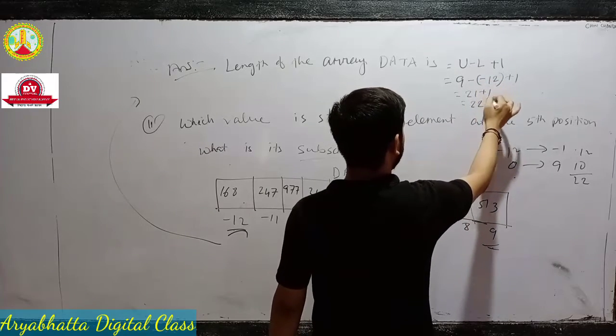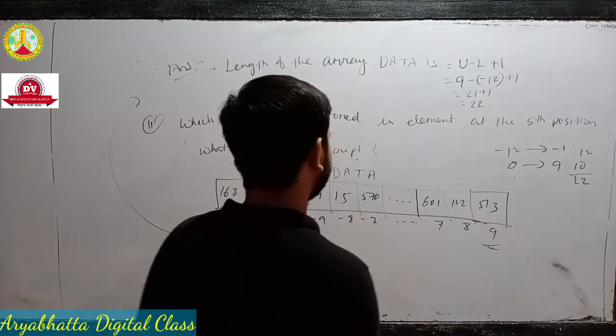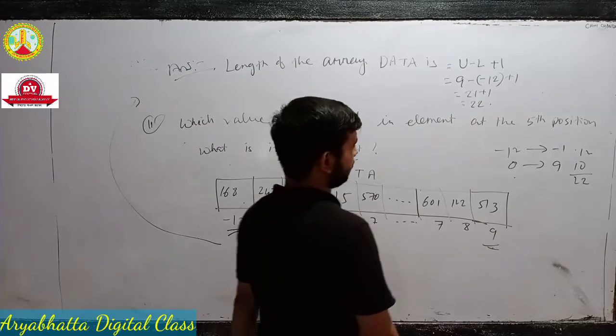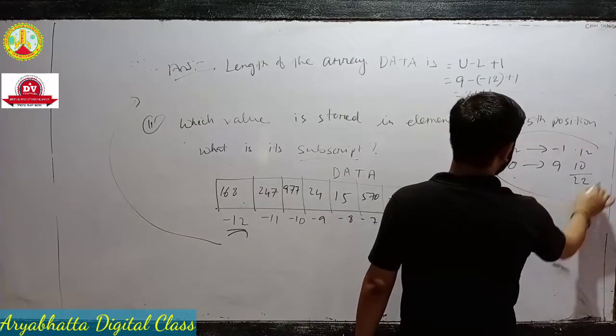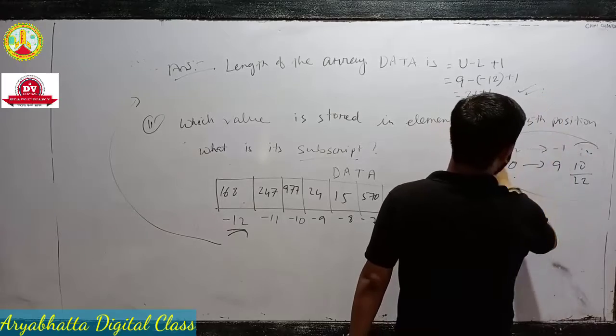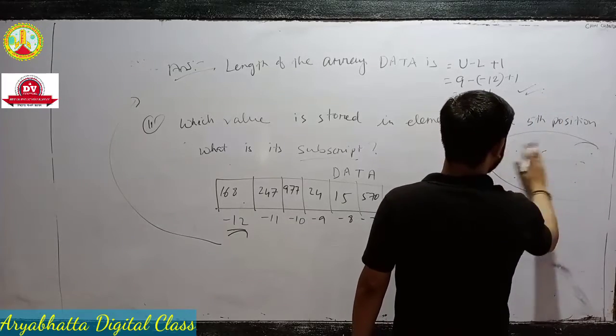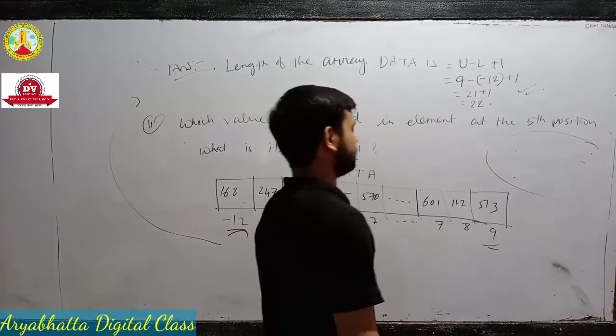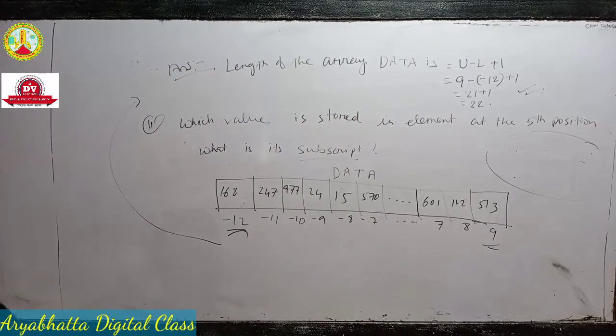So 9 minus minus 12 is 21, plus 1 is 22. The length of the array is 22. You can also find it manually, but you can find it by this formula, for your easy finding purposes.